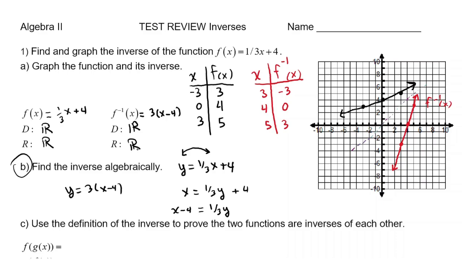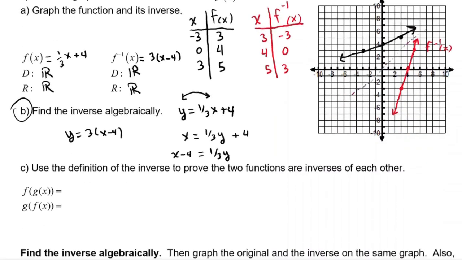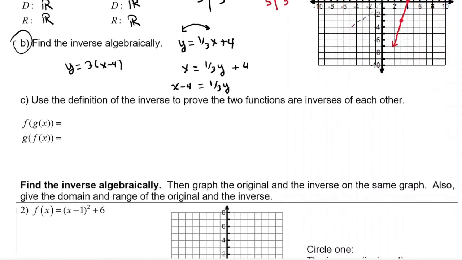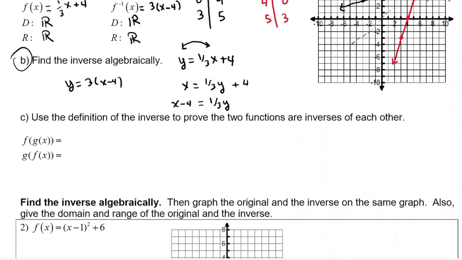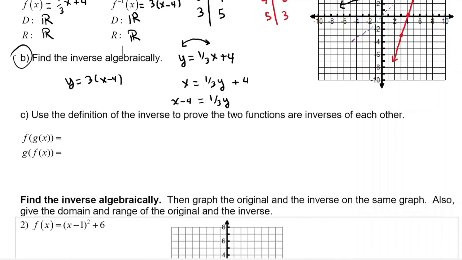Now, how do you know two functions are inverses of each other? Well, how would we do that? Well, we want to use the definition of the inverse to prove that two functions are inverses of each other. So what you're doing is you're doing the composite function. In this case here, f of x is going to be my original function, but I'm going to let f inverse x equal g of x.